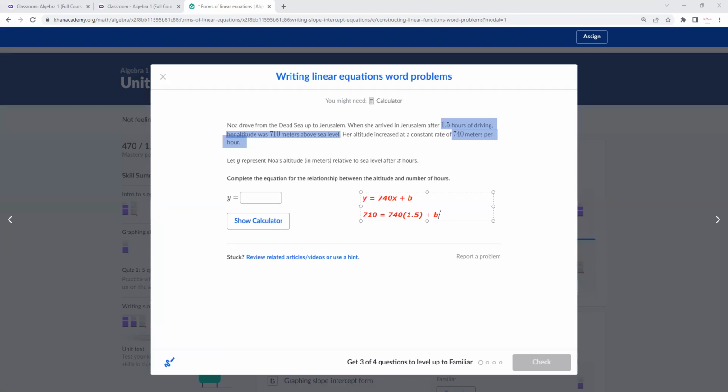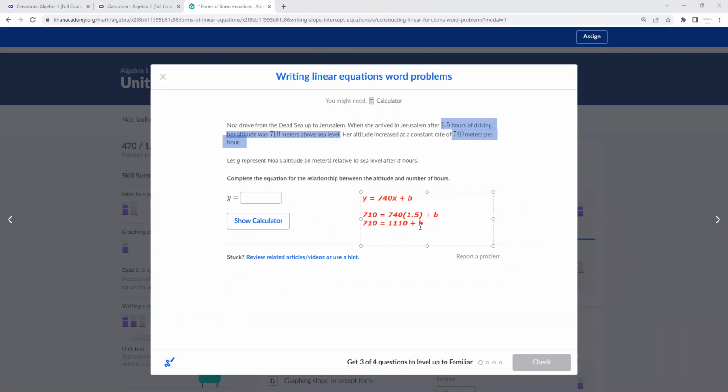So 740 times 1.5 is 1,110. And then we're solving for b, minus that to the other side.